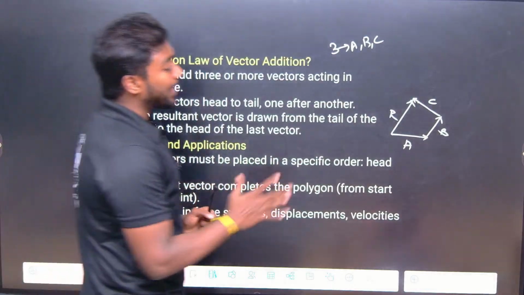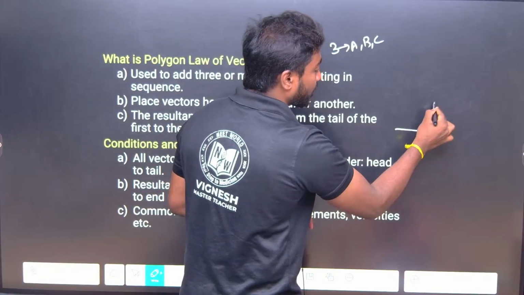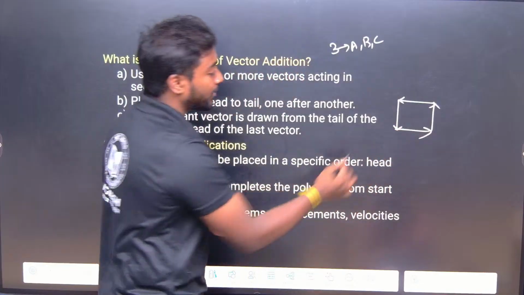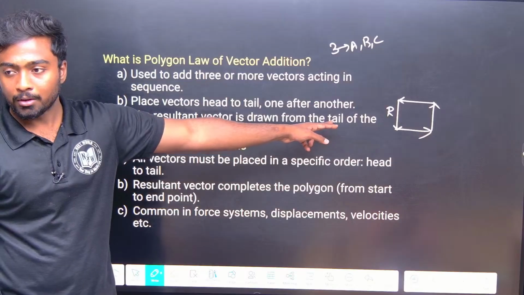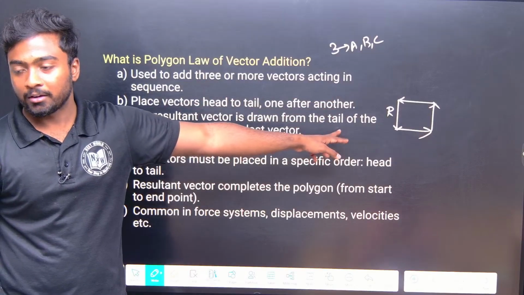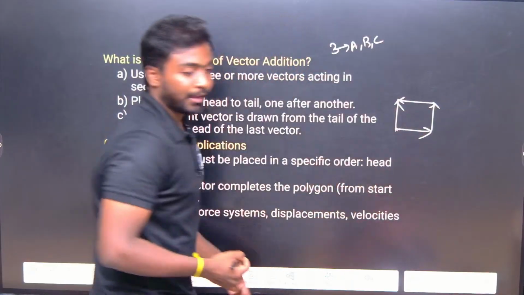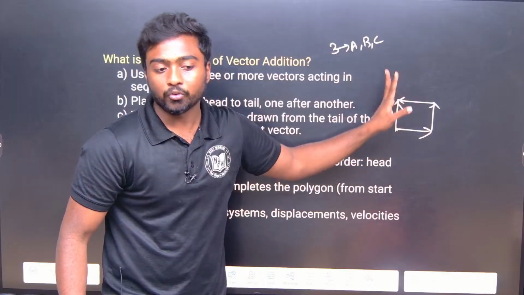Now if I draw the equilibrium condition, like this is my A, this is my B, C. If I draw C, D like resultant like this, is there anything? 0. 0 only, no? I am coming to the same point. It's 0. So the resultant should be in the opposite direction. If I draw these three in one direction, the resultant is coming from the opposite direction.